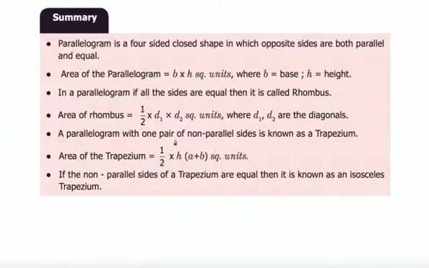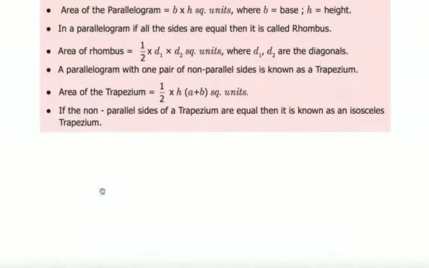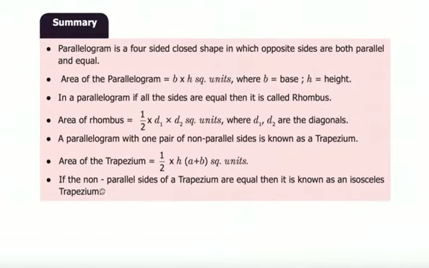A quadrilateral with one pair of parallel sides is known as a trapezium. Area of a trapezium is half of height into (a plus b) square units. If the non-parallel sides of the trapezium are equal, then it is known as an isosceles trapezium.